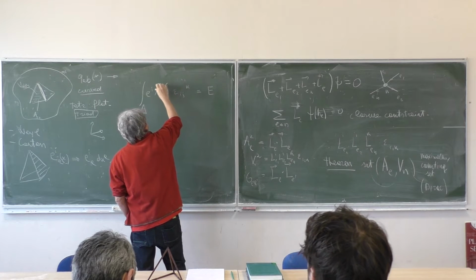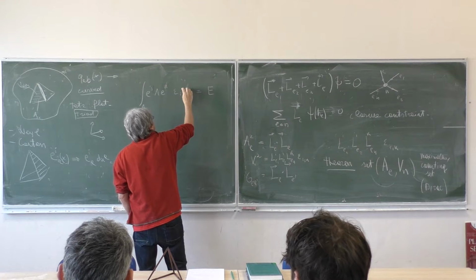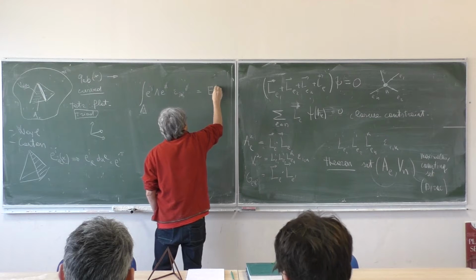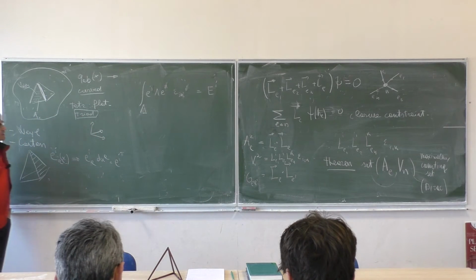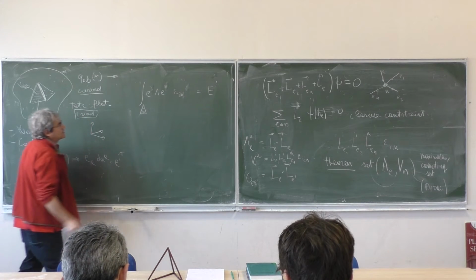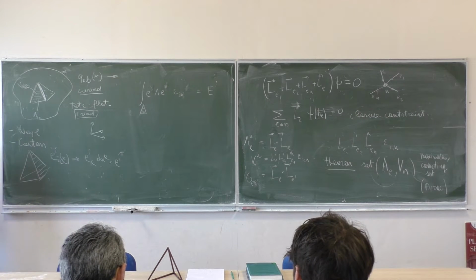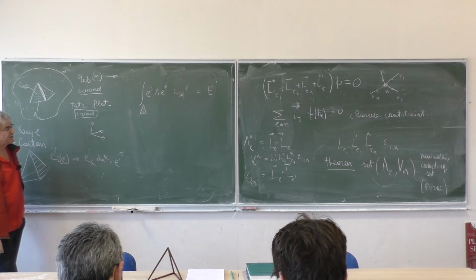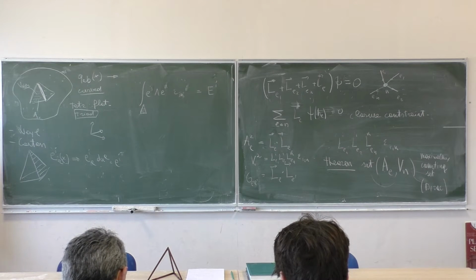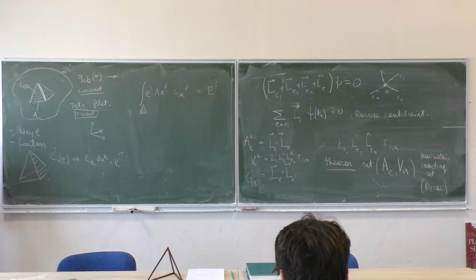Actually, let me use epsilon_jki, just to have the index i there. So to each triangle, you can associate a quantity E_i, a vector, in some Cartesian three-dimensional space. The Cartesian three-dimensional space is the space of the triad itself.